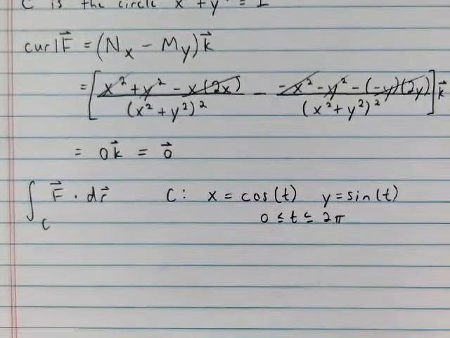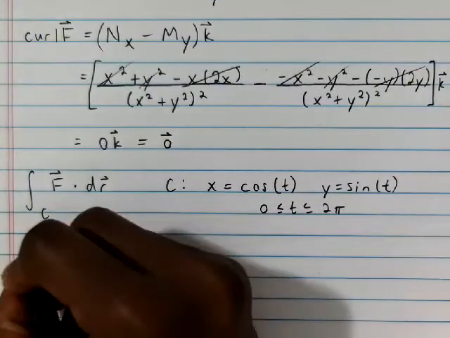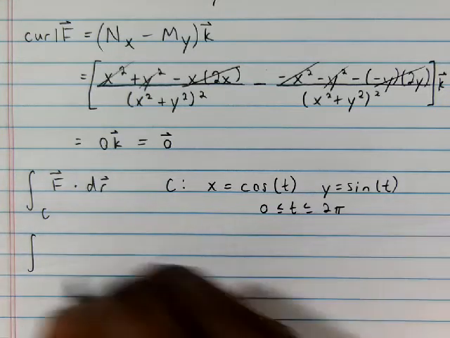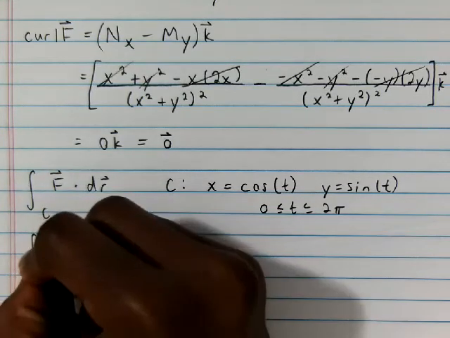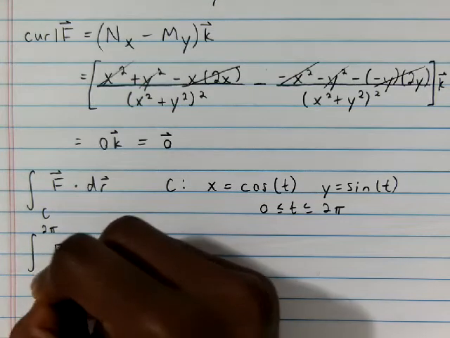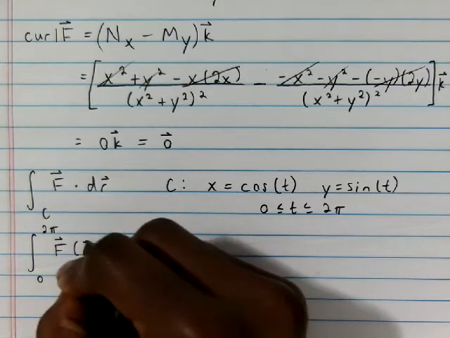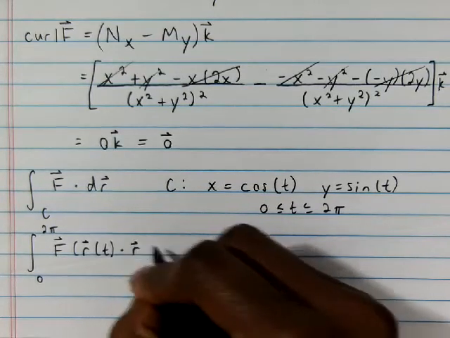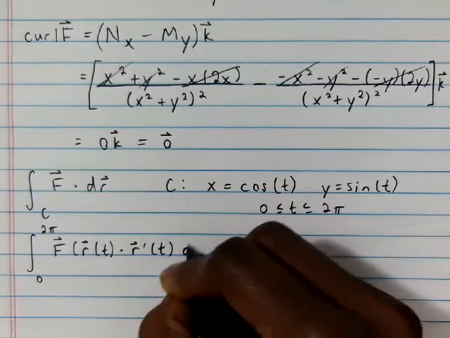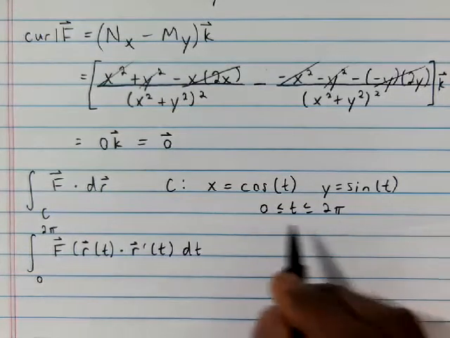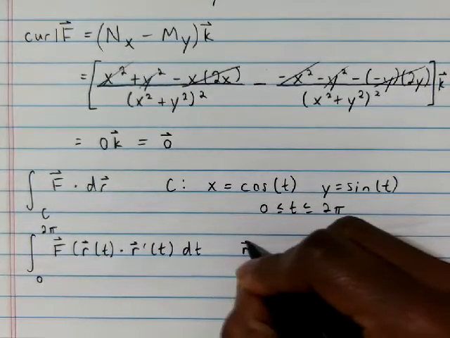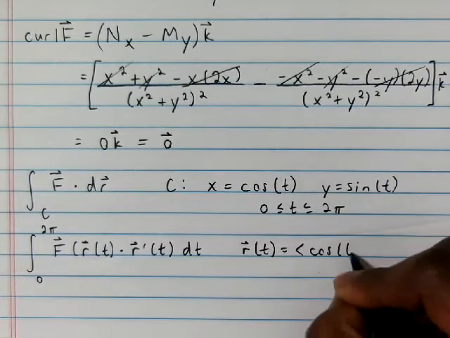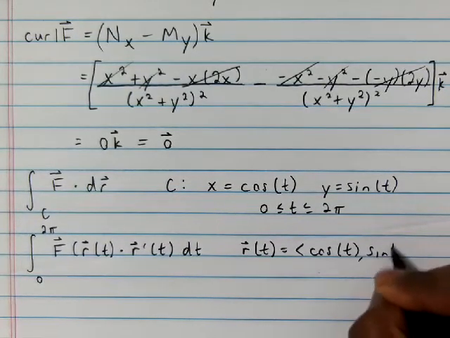Now, how we compute this, remember, that's the integral from 0 to 2 pi of F of r of t dotted with r prime of t dt, where our r of t for us is cosine t comma sine t.